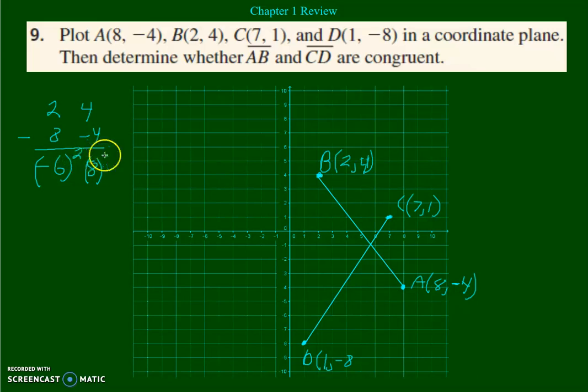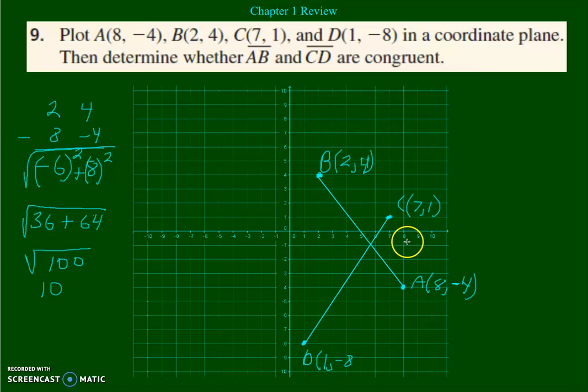SAS: square, add, square root. We have 6 squared is 36, negative 6 squared is also 36, plus 8 squared, which is 64. Which gives us the square root of 100, which is 10.